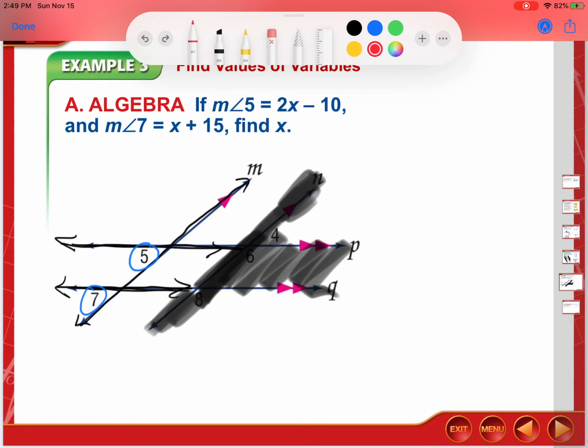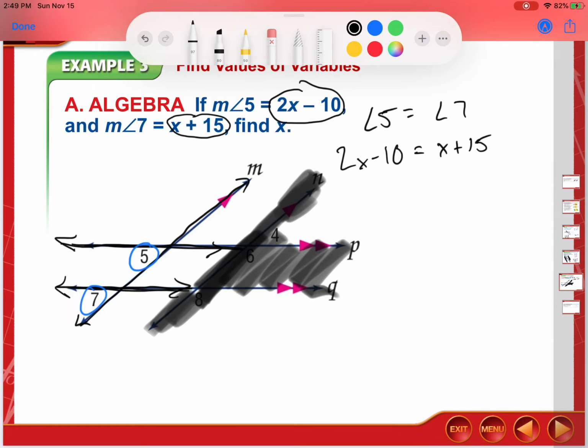So if we're going to solve for x here, what we need to do is set angle 5 equal to angle 7. Then I'm going to substitute in my values. Angle 5 equals 2x minus 10, and angle 7 equals x plus 15.